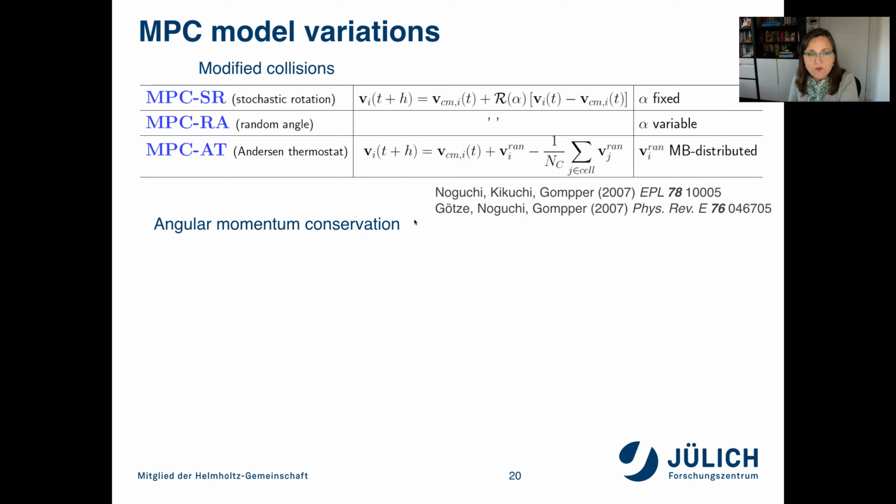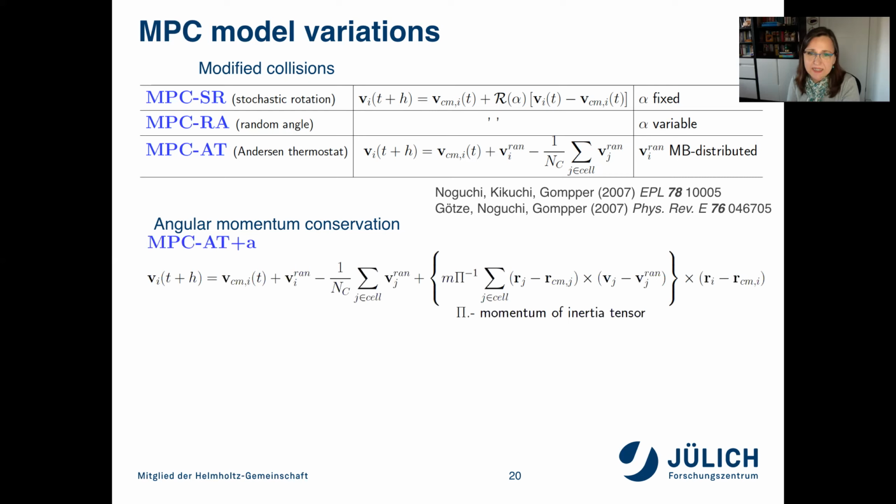I've not told you so far that another of the problems is that, as it's defined here, linear momentum and energy are conserved, but angular momentum in the cell before and after the collision is not exactly the same. If you have systems in which vorticity is very important, this might be a problem, so there have already been methods that propose including a term to correct for this change in angular momentum.